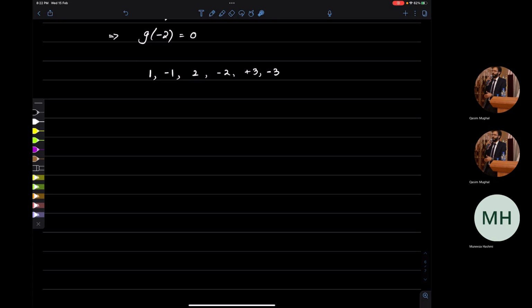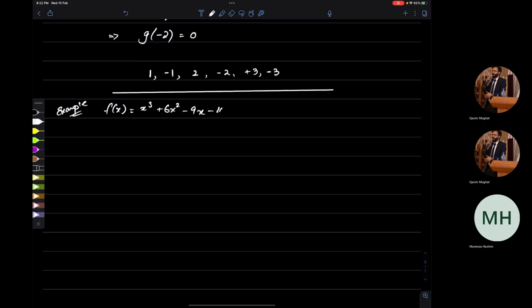Okay, now let's just try an example here. Let's just say I've got a polynomial here. f of x equals x cubed plus 6x squared minus 9x minus 14.